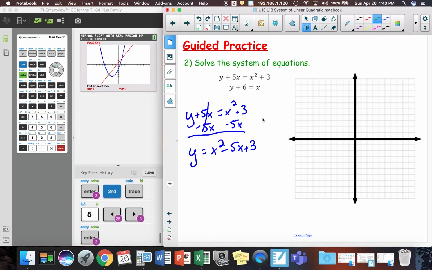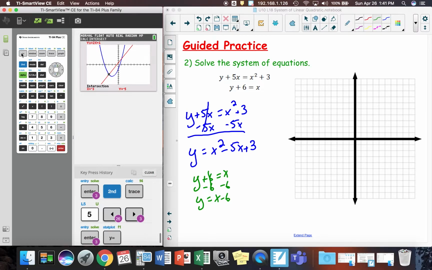Second equation is y plus 6 equals x. And I subtract 6 on both sides. So we have y equals x minus 6. Alright, without even using the graph, we can find our solutions by using the calculator.